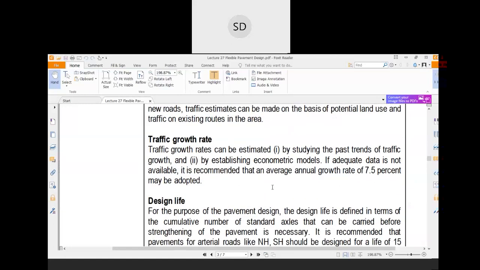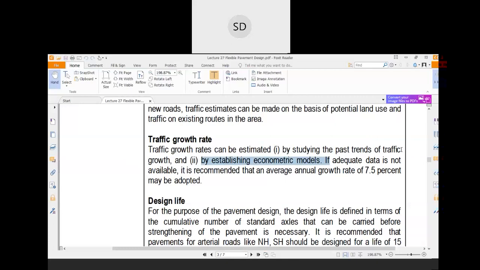Now next is traffic growth rate. How will we consider the traffic growth rate? Traffic growth rate can be estimated by studying the past trends of traffic growth by establishing econometric models, and if adequate data is not available, in that case you can consider traffic growth as 7.5%. If you have enough data for the previous years, you have to find out the growth rate considering the last 3 to 5 years.